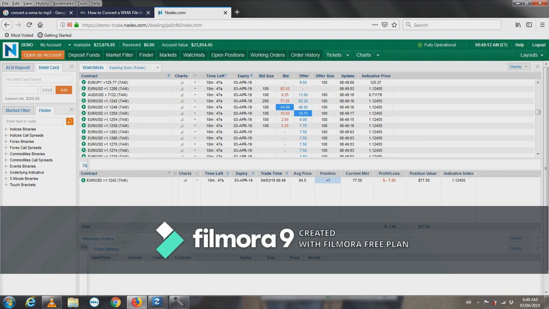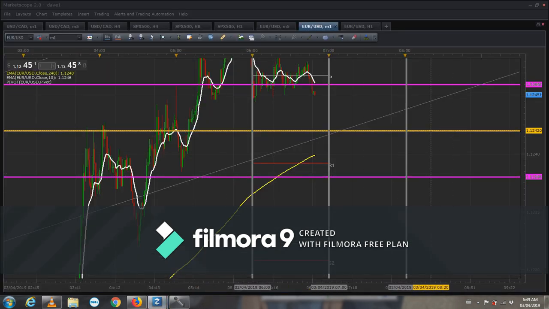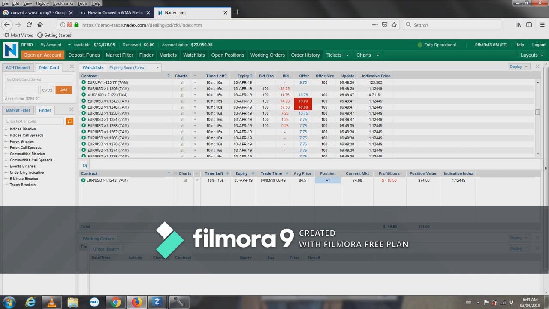Already down $7 on 1 position. But I think I did that right, 1242. That's where it is. What's the 1238? Let's see what the option is on 1238. Oops, that's all I want. We have 1238.